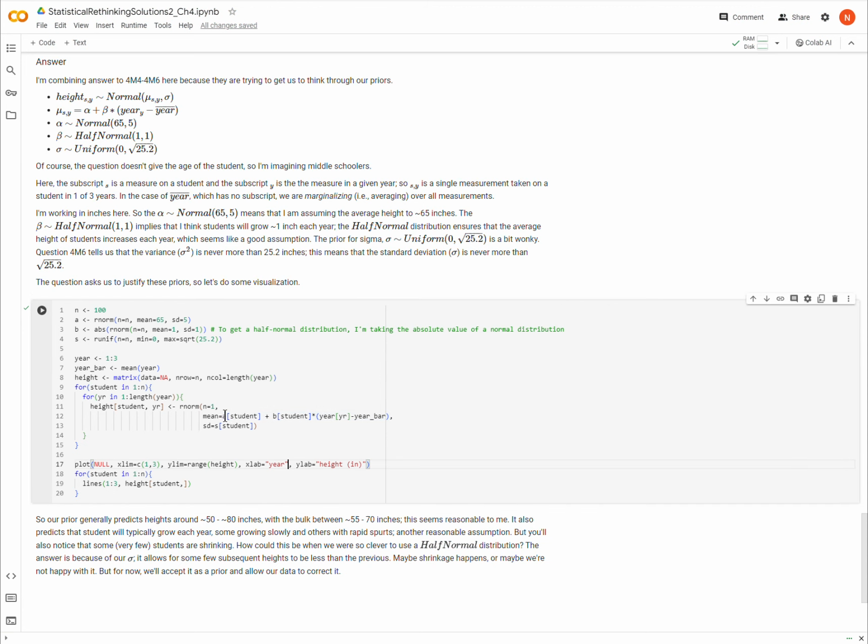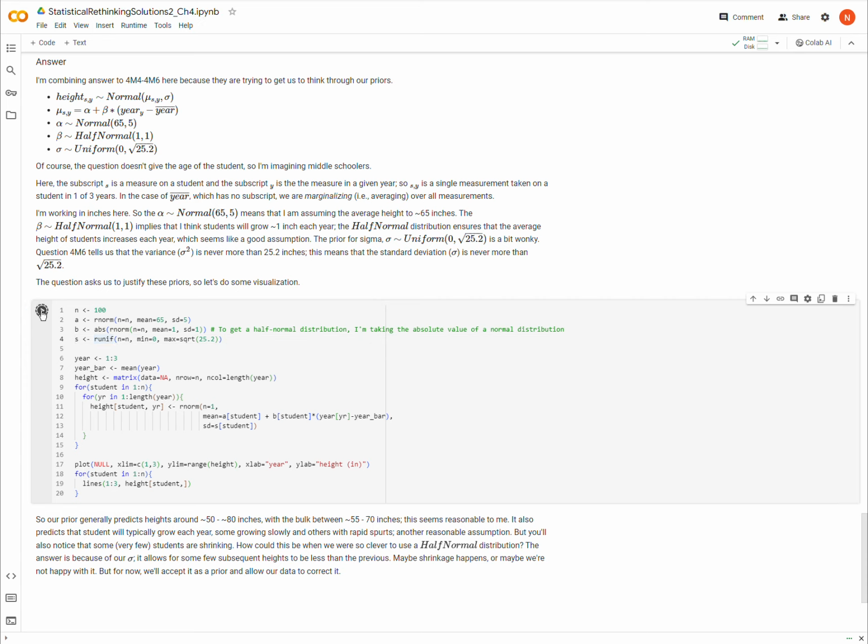So I'm going to take a value from A, which I defined here, a value from B that I've defined here, and multiply it by the year 1, 2, or 3. And then the standard deviation of this randomly generated value is going to be one of the values that I generate from here. Okay. And now, after that matrix gets filled out, rather than looking at all of the numbers, we're just going to plot it.